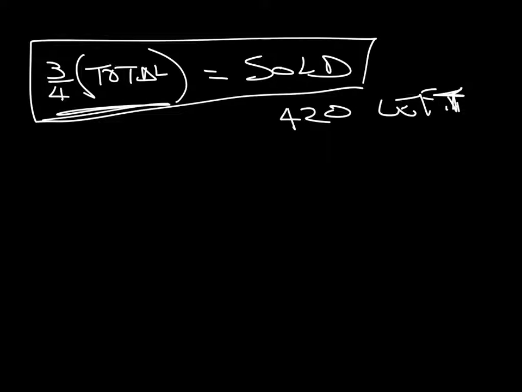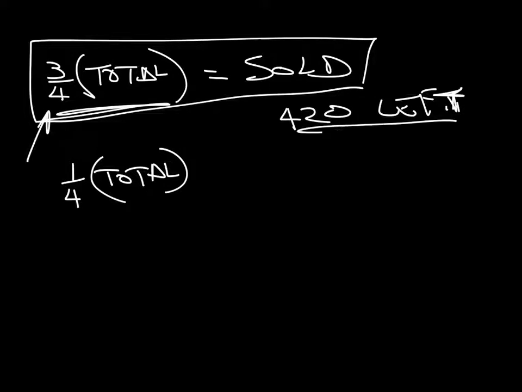So that means if 3/4 were sold, how many were left? 1/4 of the total were left. 1/4 did not sell, 3/4 did. So how many were left? 420. That's how many were left. So 1/4 of x, the total, is 420.